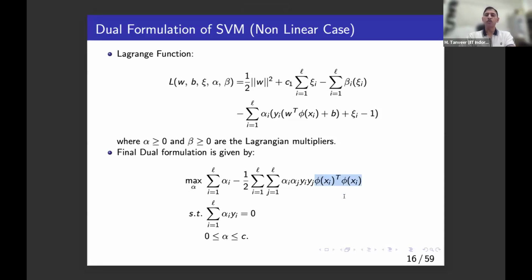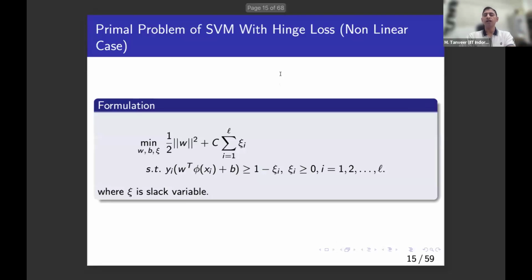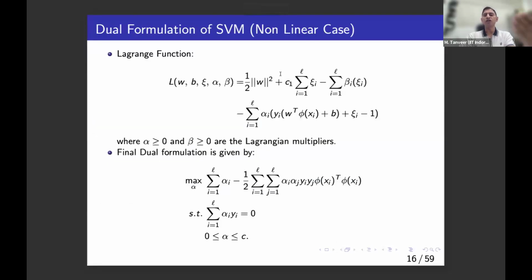Phi transpose phi is nothing but a kernel function, simply a number, and there are many kernel functions available in the literature that can be used directly. So further, we simply write some k, and we use either a Gaussian kernel, a polynomial kernel, or a sigmoidal kernel.